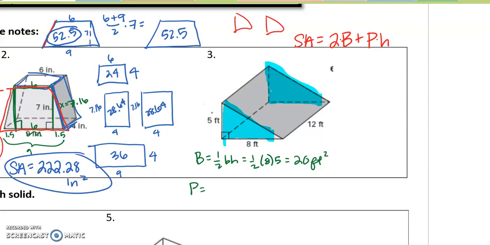So I'm going to do 5 squared plus 8 squared and square root. And that gives me that this side here, we'll call y, is 9.4. And so to get the perimeter, 9.4 plus 5 plus 8 gives me a perimeter of 22.4.